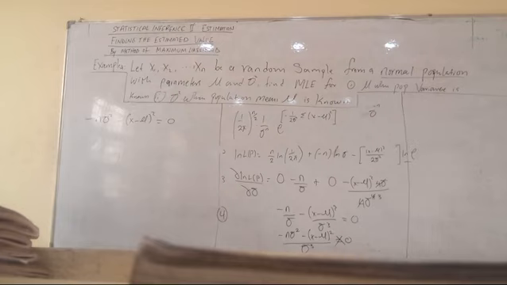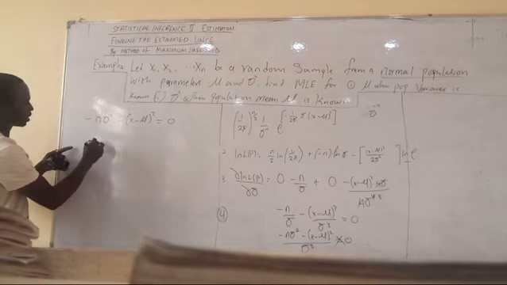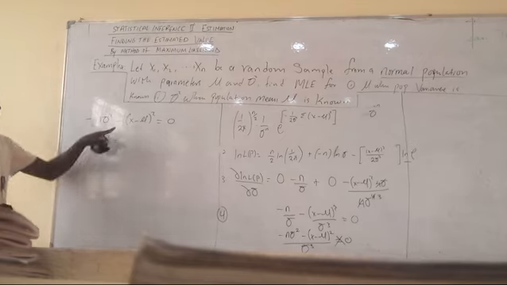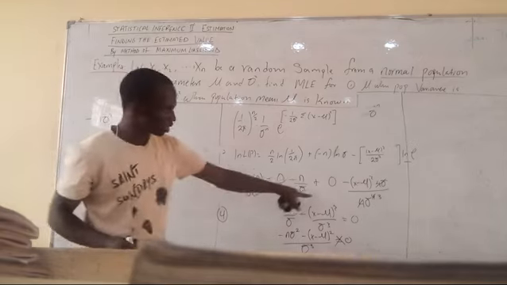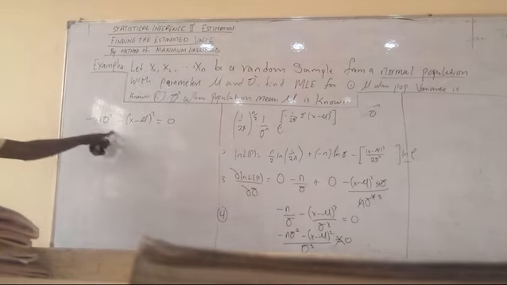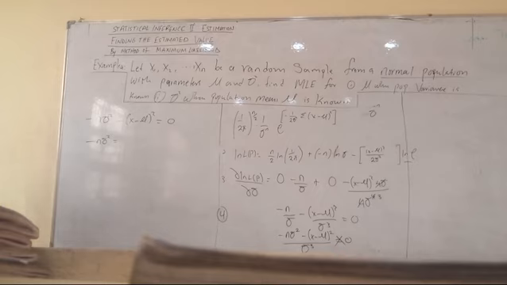What do you think we should do from here? We can move this guy to the other side. So this minus n sigma squared is equal to minus the summation of x minus mu squared. Alright, that's minus. So if we move this side, do we turn it to positive?